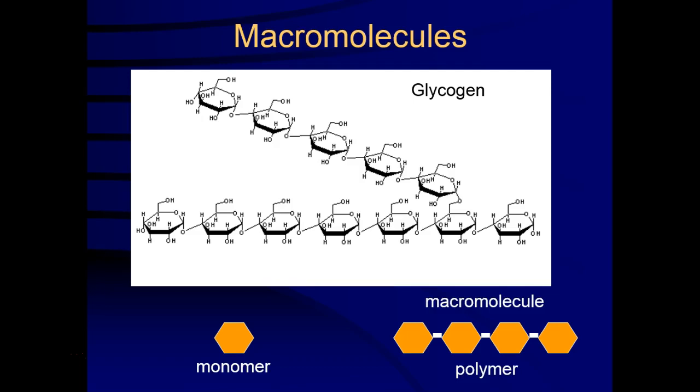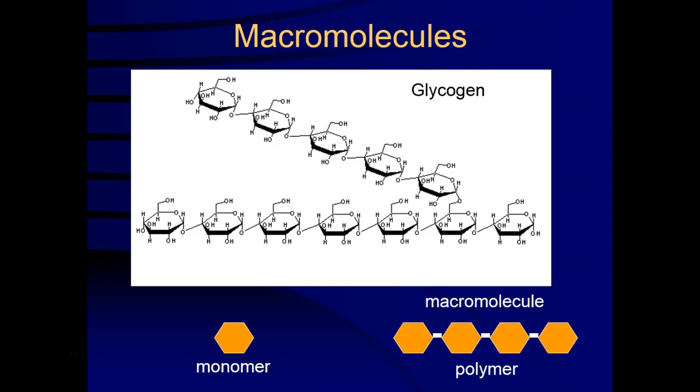So, some new terms: monomer, polymer, molecule, macromolecule. Now, in organic chemistry, it turns out it's very, very simple to understand how these monomers join together to make a polymer. Whether we're talking about a carbohydrate, a lipid, a protein, or a nucleic acid, they are all built exactly the same way.